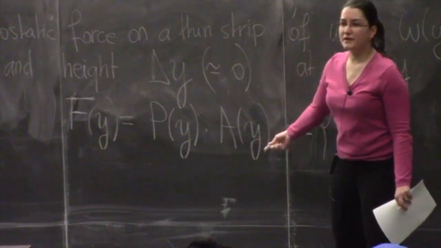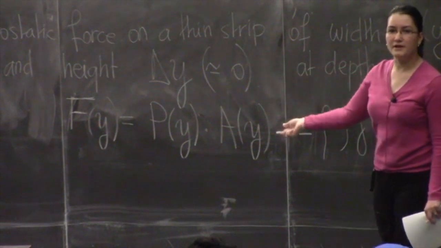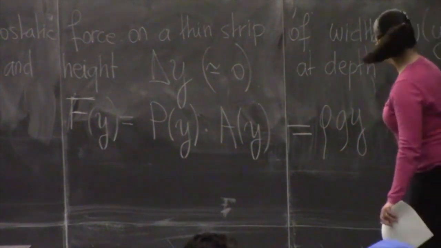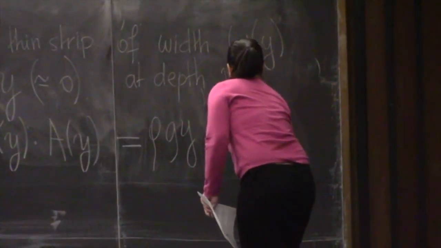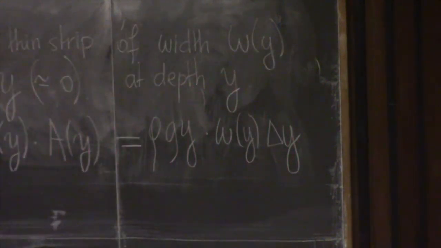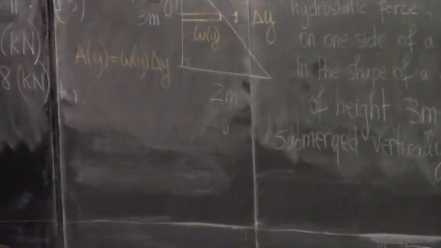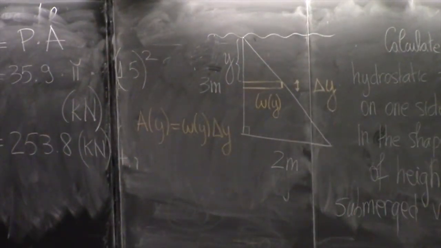And what is the area? Well, as we said, we've got a rectangle whose width is W of y and whose height is delta y. So the area is just W of y times delta y. Let me put it over here so you don't forget it: A of y is W of y times delta y. Okay, so far so good.